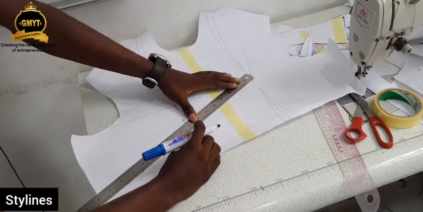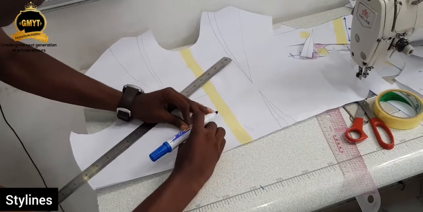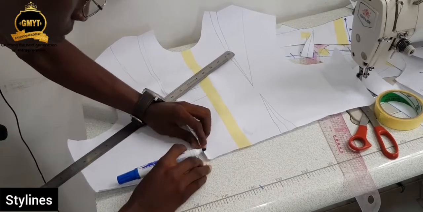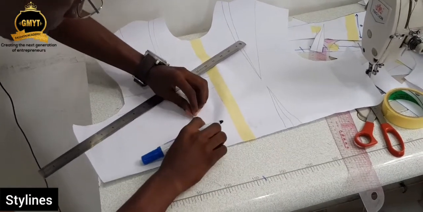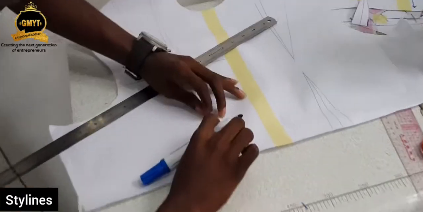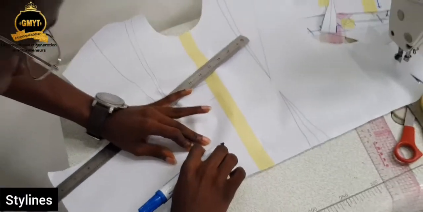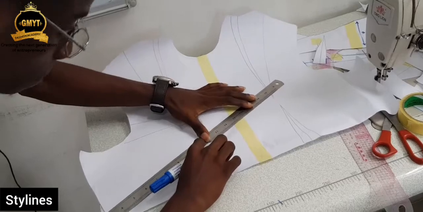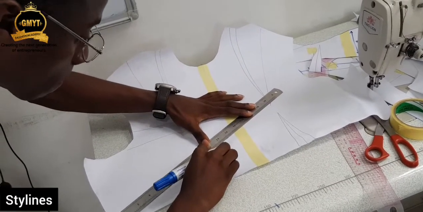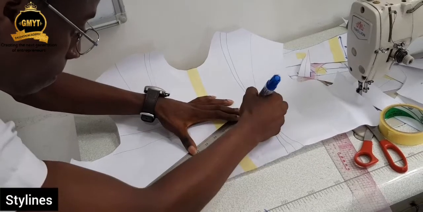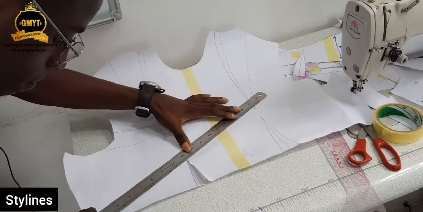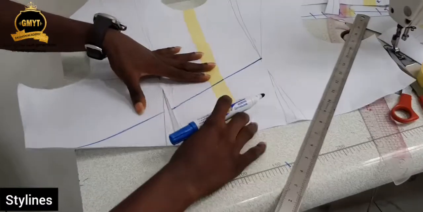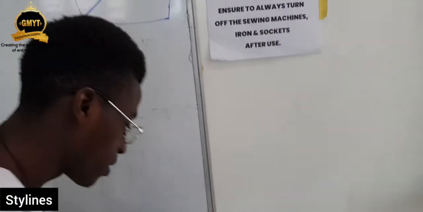But now you need to close up these darts so that you have a straight line connecting each other. And also I get my second style line.